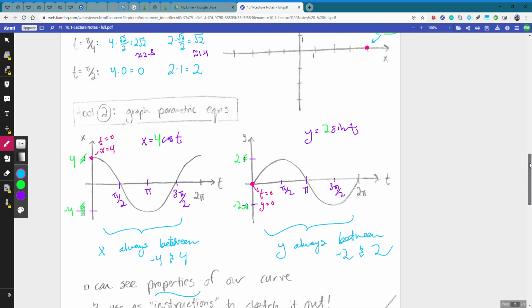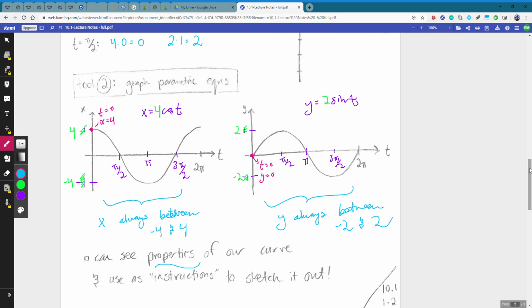We can also use our graphs to help us connect the dots and see what's happening with our graph. So for example, if we look at this stretch over here on the left from t equals 0 to pi over 2, our graph tells us what our x-coordinate is doing.